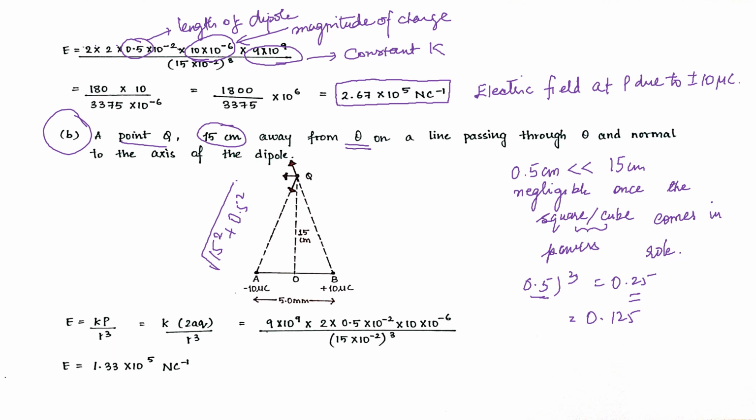So going forward for the equation, we got this equation Kp by R cube. In the equatorial plane, electric field is given by this formula. Here K is our constant and 2aq is the dipole's expanded formula, and r cube is the distance which we have taken in account by just removing the value of a from the formula.